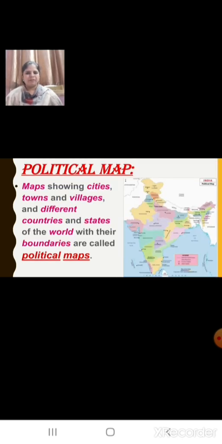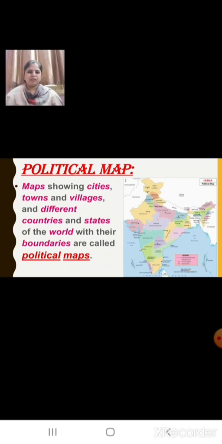The second type of map is the political map. So what does the political map show us? The political maps, they show us the cities, the towns and villages, and they also show the different countries and the states of the world with their boundaries. So these are called as the political maps.